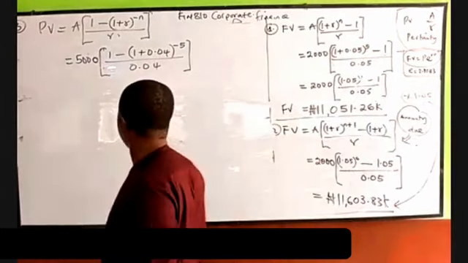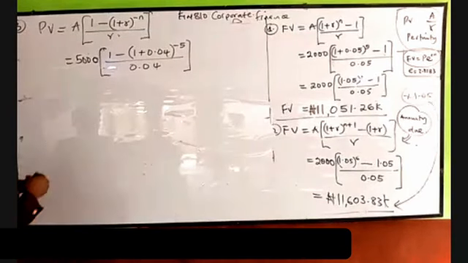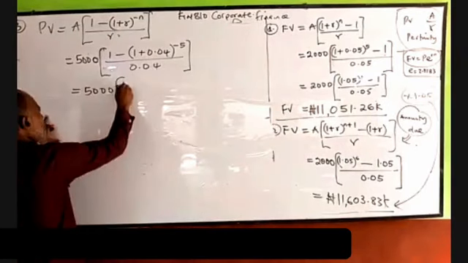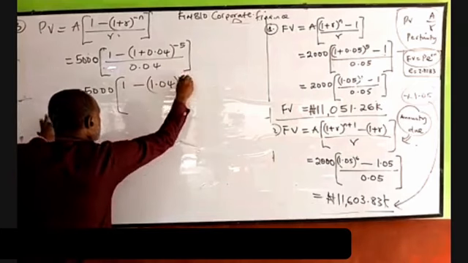A is the annuity, and they are paying it in 5 years. The present value is now. We want to look at the now value. And the calculator can help us. Your calculator can do everything without much stress if you know how to use it very well, and you must know how to use it.